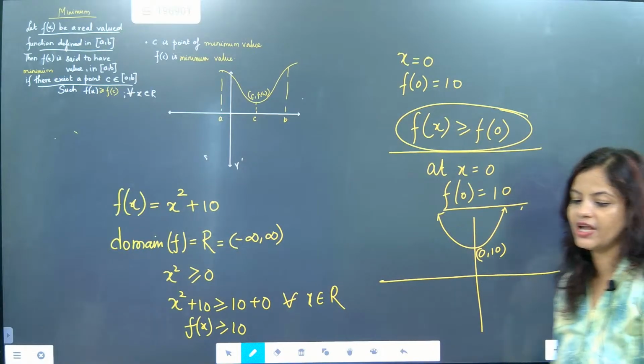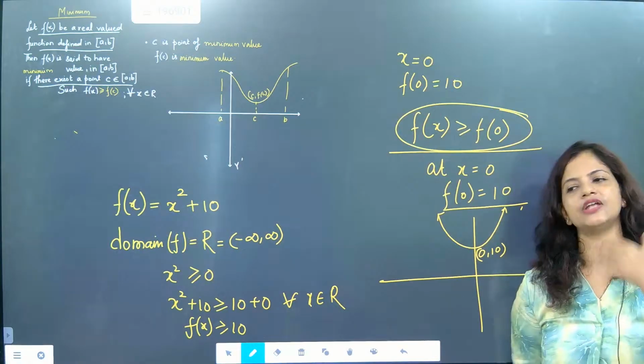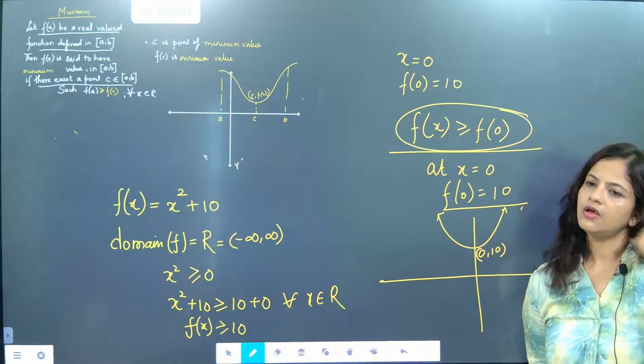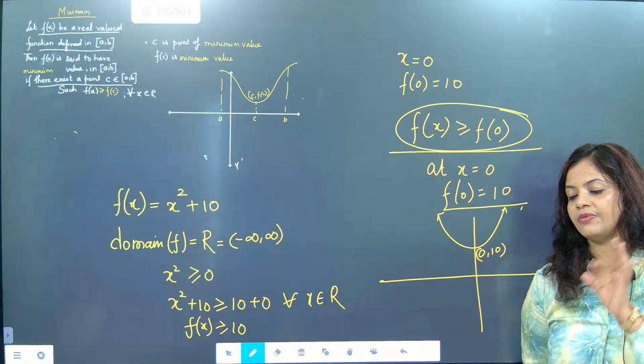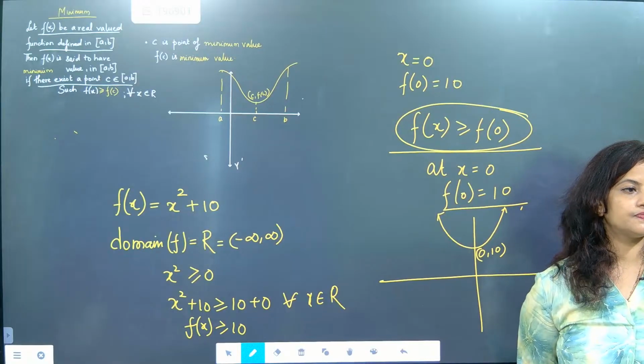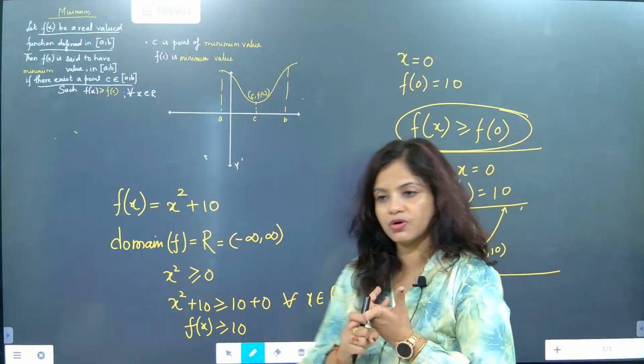The minimum value comes exactly at x is equal to 0, where you get the minimum y value as 10. After that, whatever negative value of x you put, you get a larger y value. But the minimum value is 10. Got it?